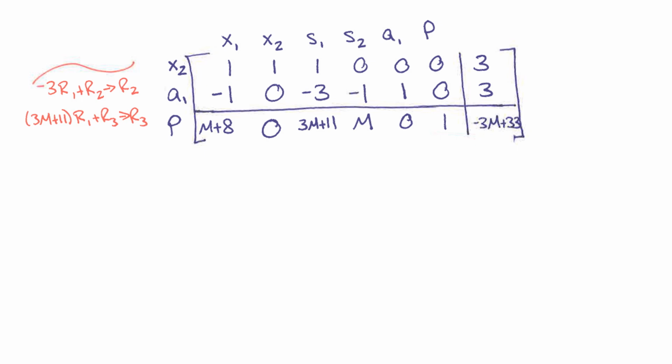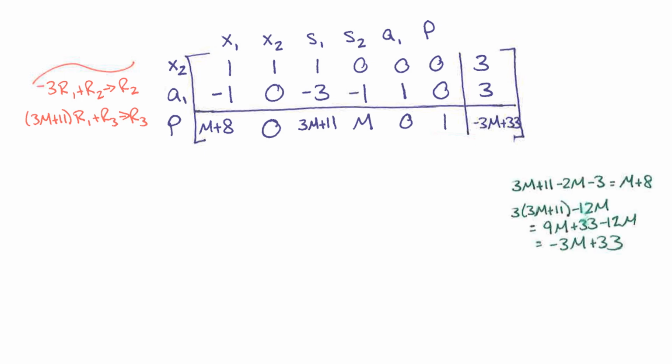So I'm going to multiply row 1 by 3m plus 11, and add that to row 3. That gives me values m plus 8, 0, 3m plus 11, m, 0, 1, negative 3m plus 33. And you can see the calculations here to the side.